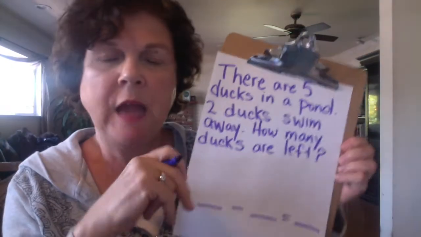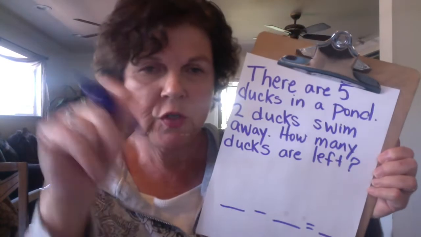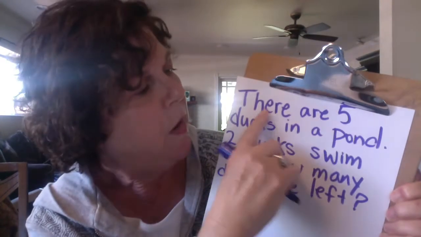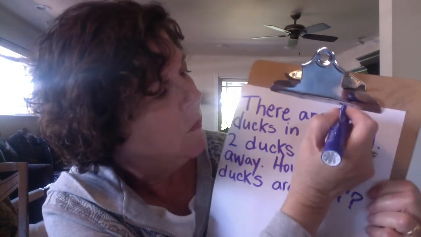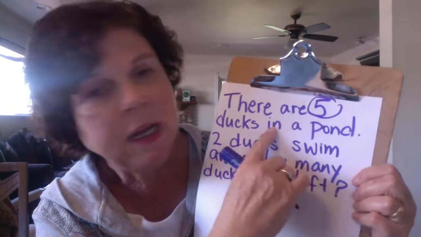Okay. All right, let's do one more. And then you can try to do a page with your parents and then try the rest on your own. Maybe they can check it for you. Okay, so here we go. This one says, and you can help me with the ding, ding, ding and showing me with the circle. There are 5 ducks in a pond.